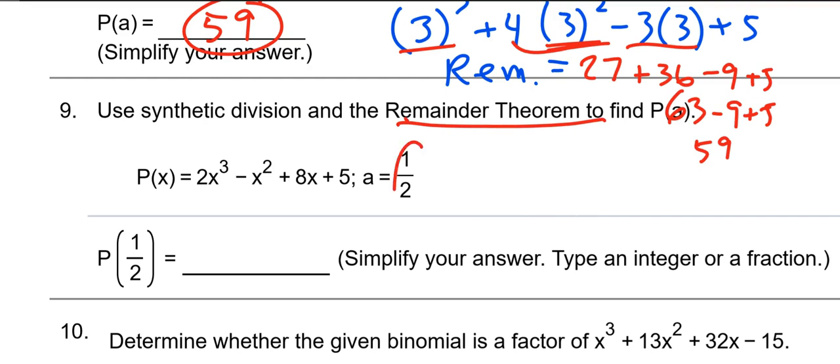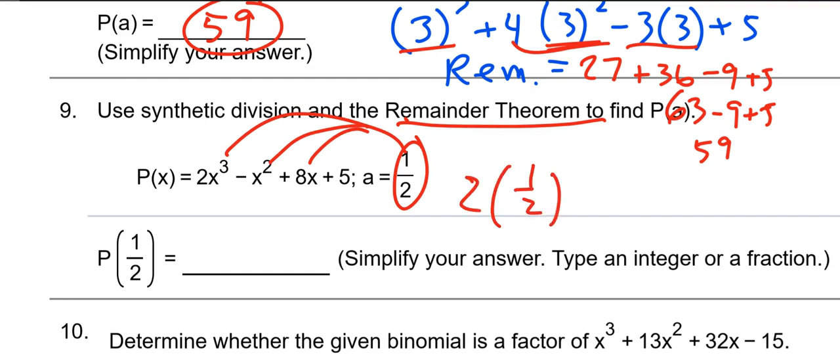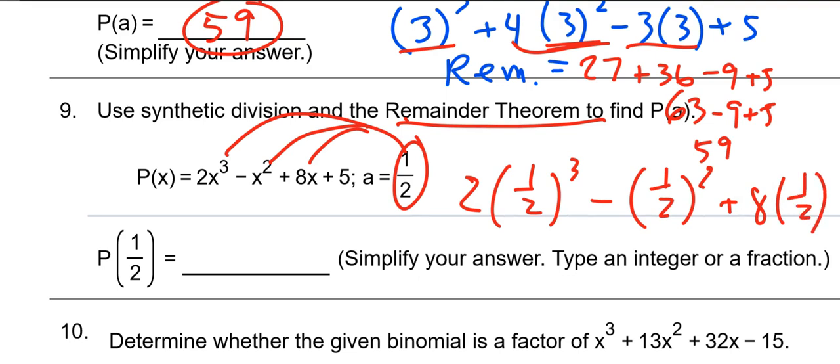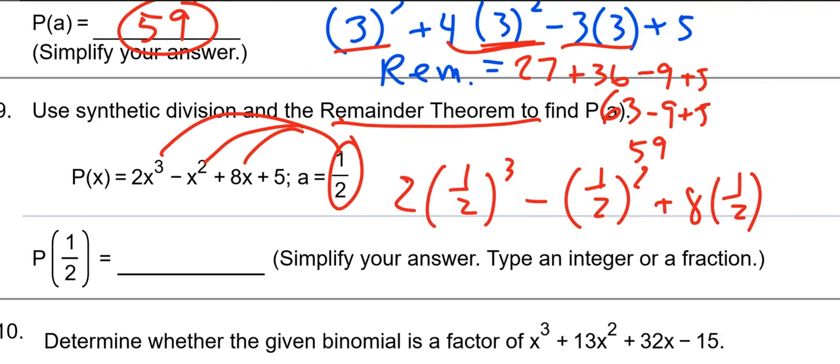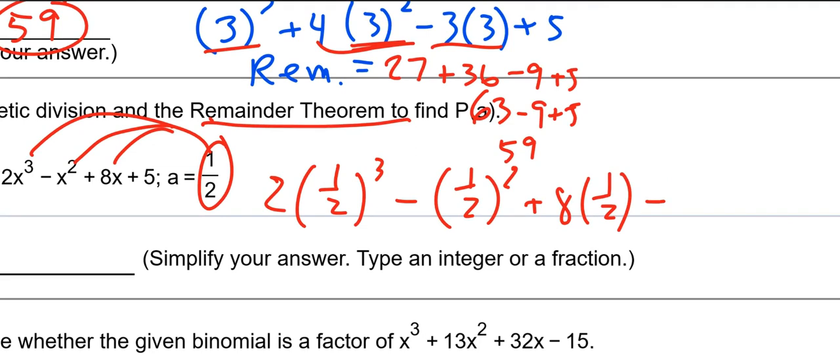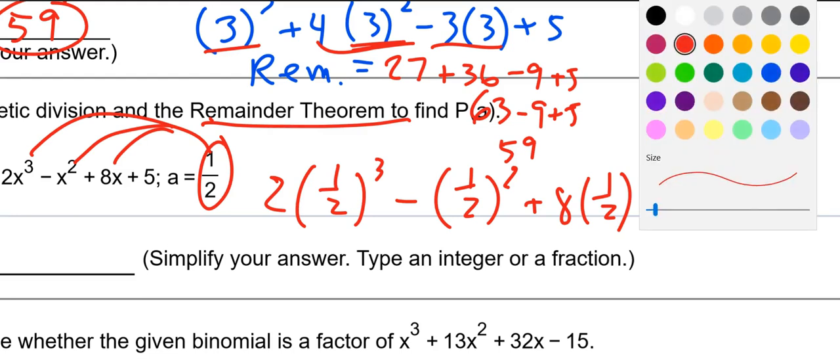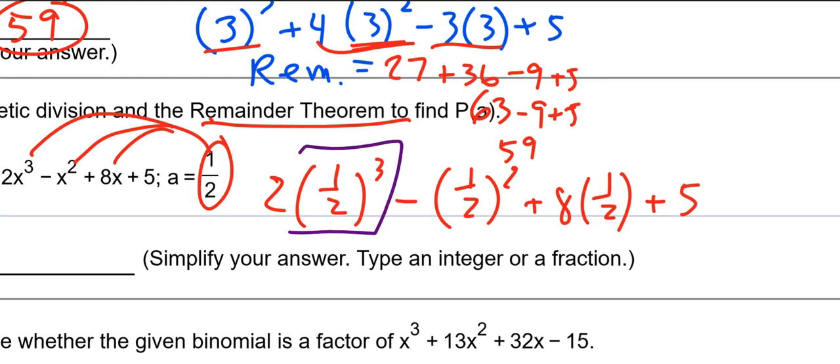We're going to take this 1/2, and we're going to plug it in for all the x's. So 2 times 1/2 cubed minus 1/2 squared plus 8 times 1/2 plus 5. All right, let's see here. 1/2 to the 3rd power.